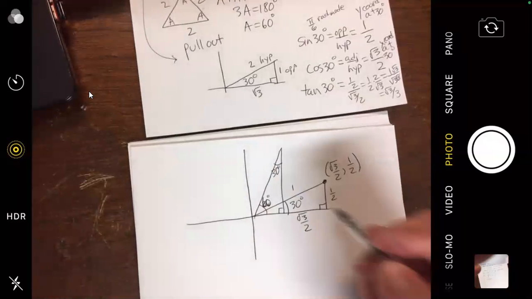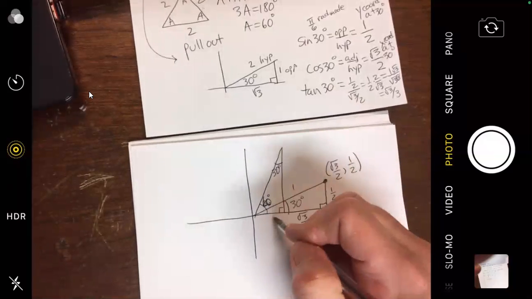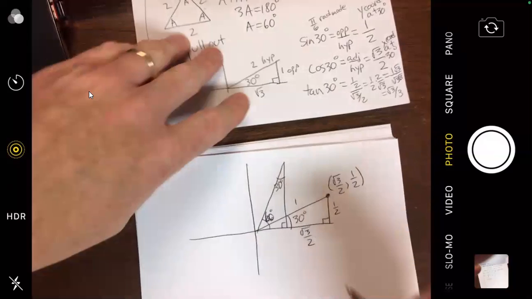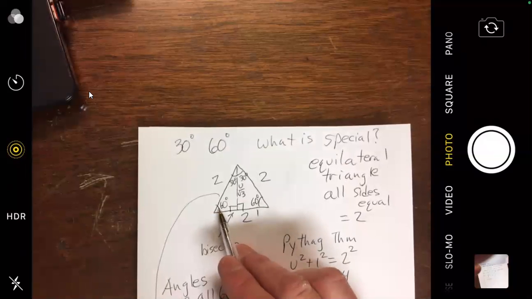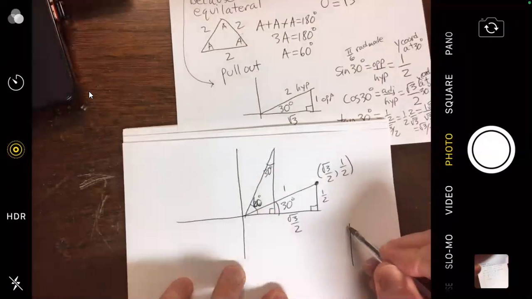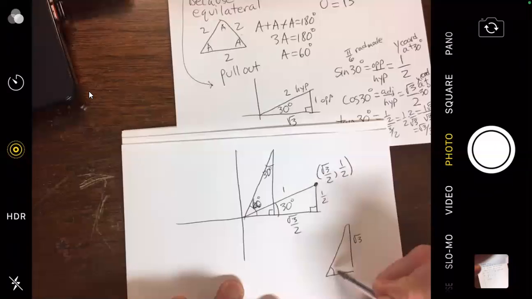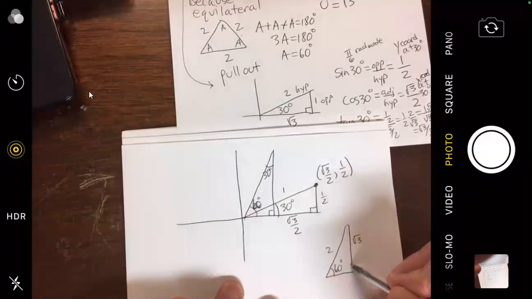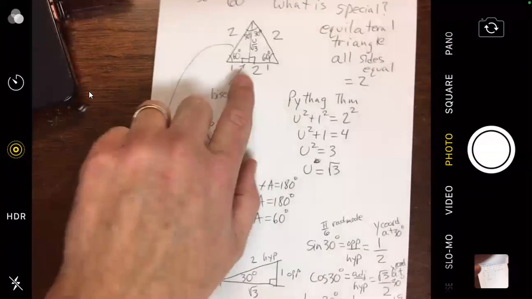You can make the argument off this 30-degree angle, or I can do it off of this 60-degree angle right here. Let me redraw that. The vertical side there was root 3, 60 degrees here, the hypotenuse was 2, and this side was 1. I just pulled that triangle out.